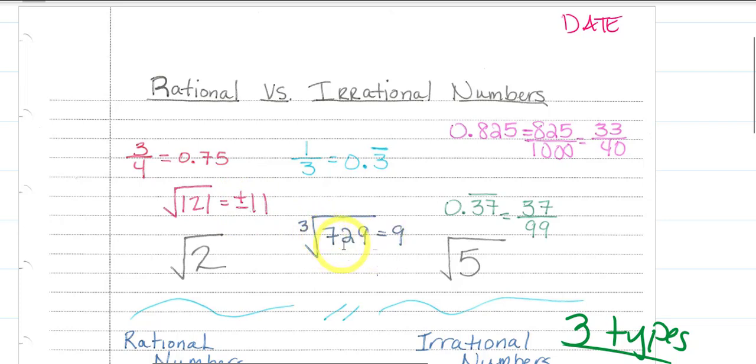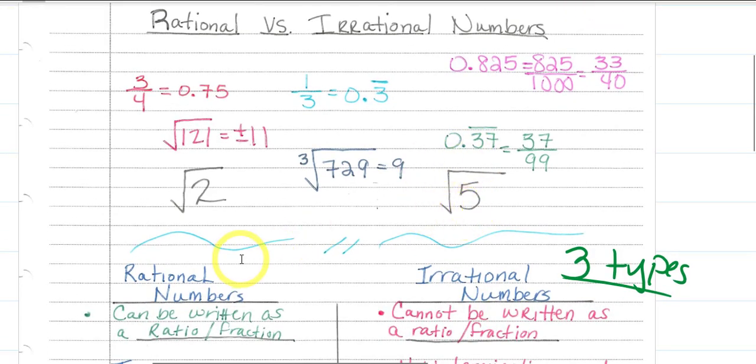If we're working with a perfect cube, we know we can simplify it down to a positive integer. We've also worked with some non-perfect squares and non-perfect cubes, like the square root or the cube root of 2 or 5. Those would be non-perfect, and we've estimated those to the closest whole number and tenth.